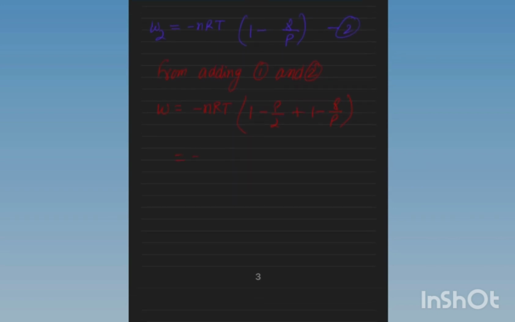So this will become minus nRT (2 minus P by 2 minus 8 by P), which can also be written as minus nRT (2 minus (P by 2 plus 8 by P)). That will be the W.